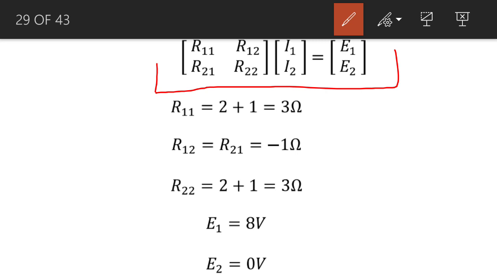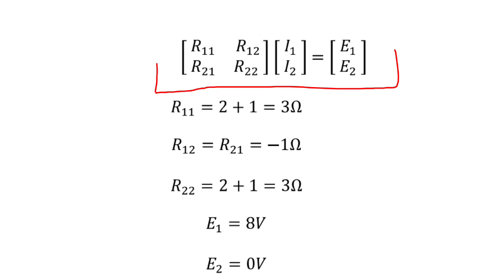R21 is equal to R12, and we have R22, which is the total self-resistance of loop number 2. We shall calculate I1 and I2 with the help of Cramer's rules. We shall find out E1 and E2. E1 is the total voltage in loop number 1 and E2 is the total voltage in loop number 2.